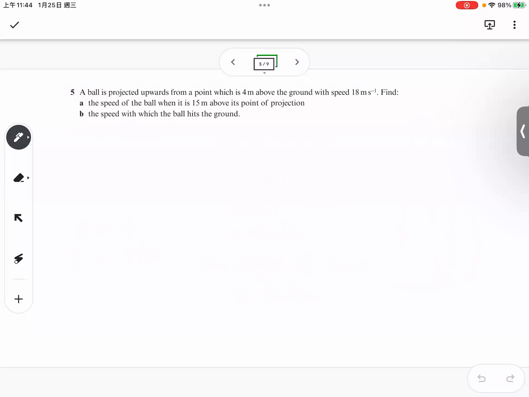Once again, a ball is projected upward from a point which is 4 meters above the ground with speed 80 meters per second. Now A, find the speed of the ball when it's 50 meters above its point of projection. For part B, you're going to find the speed with which the ball hits the ground. Okay, now once again, please pay attention.